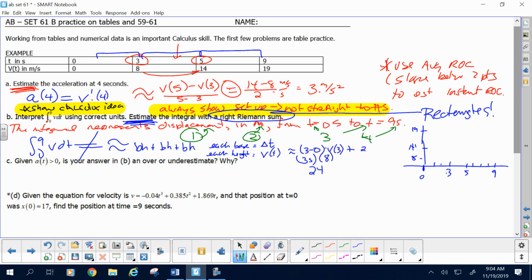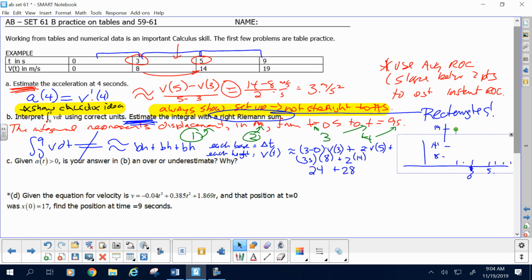The next time frame is how many seconds? 2. This time I'm just going to go to 2 seconds. If you want to show 5 minus 3, cool. I am picky about showing how you found the height. V at 3 or 5? 5, which makes that 2 times what is V at 5? 14. That means in those 2 seconds you traveled about 28 meters. And then finally, okay, how many seconds in the last interval? 4.